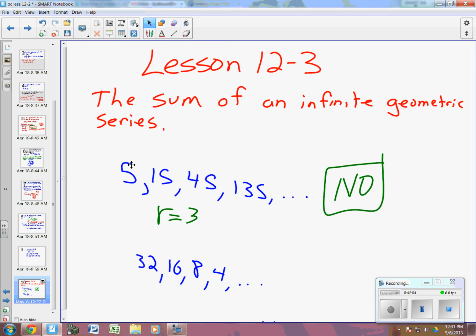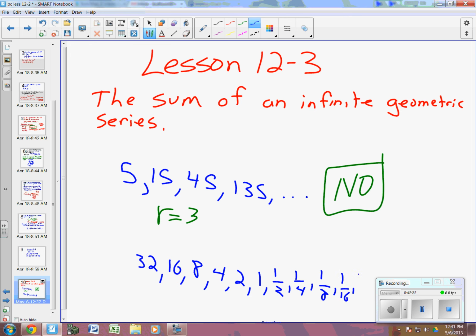Let's list out a few more terms. What's the next term? 2, then what? 1, then what? 1/2, then what? 1/4, then what? 1/8, then what? 1/16, then what? Then what? It's going to keep getting smaller and smaller, right?